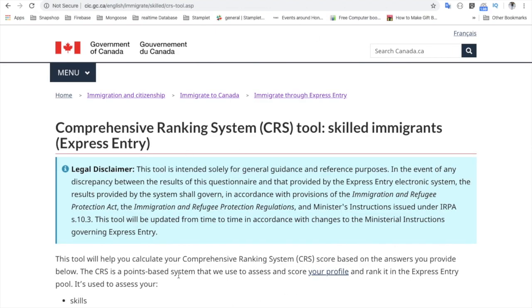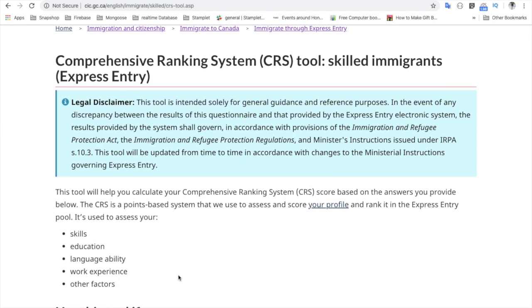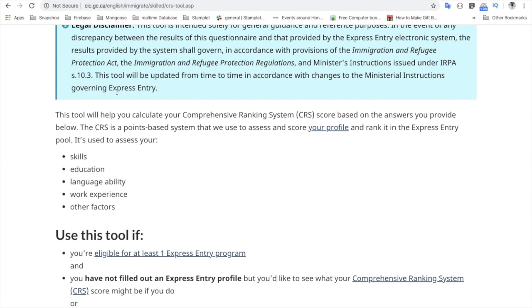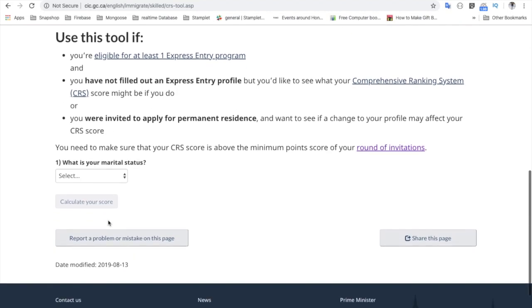So this one here is the official CRS calculator from the Immigration Canada website. It actually shows you the various factors which are used to rate and give you points. And we'll go to the bottom of the screen and start with the calculator. The first question that it asks is, what is your marital status?